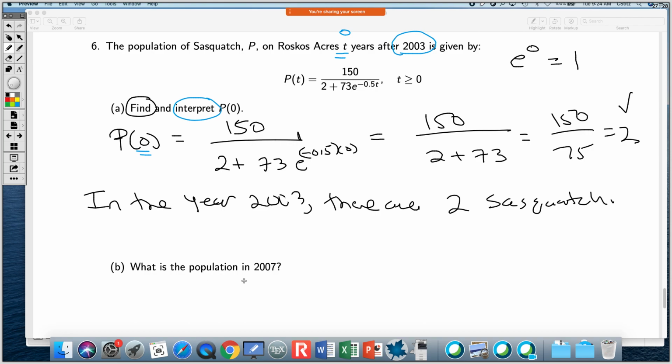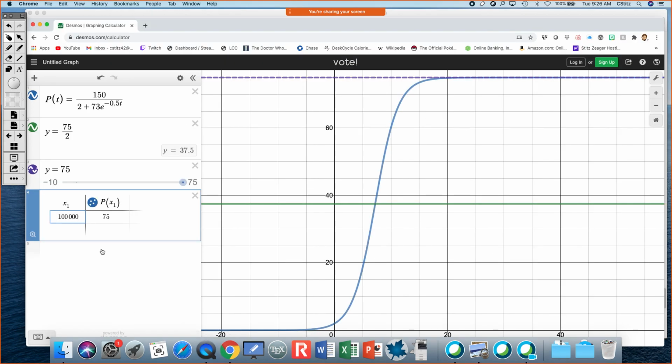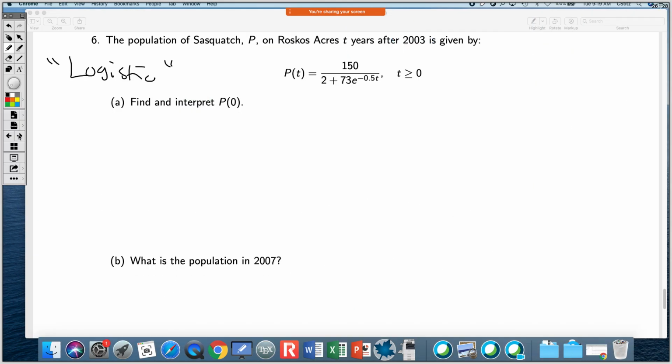What is the population in 2007? Well, in 2007, that's 4 years after 2003. So you would take P of 4, and you would plug in 4. And once again, we would likely get a crazy decimal for this. So let's look at Desmos to see what P of 4 is. We're getting 12.62. And so how would we record that?